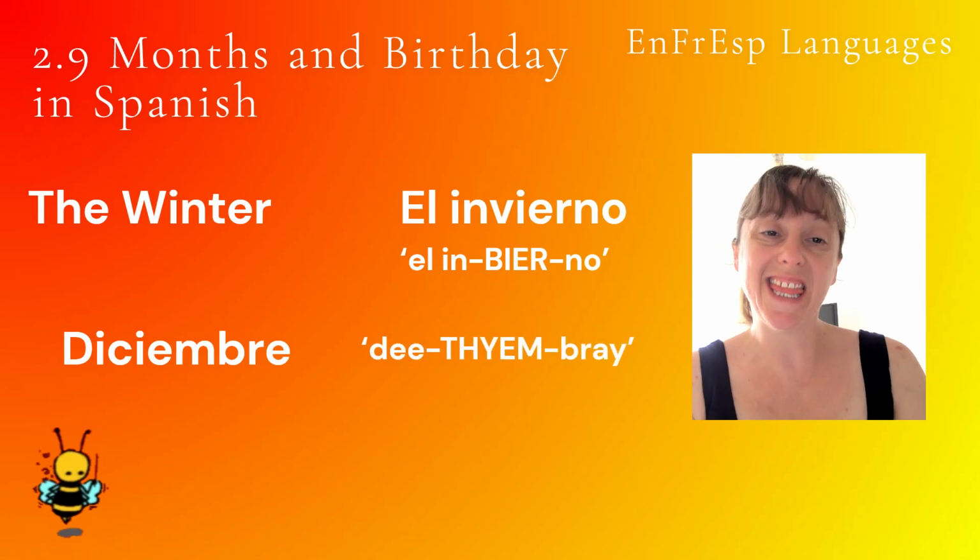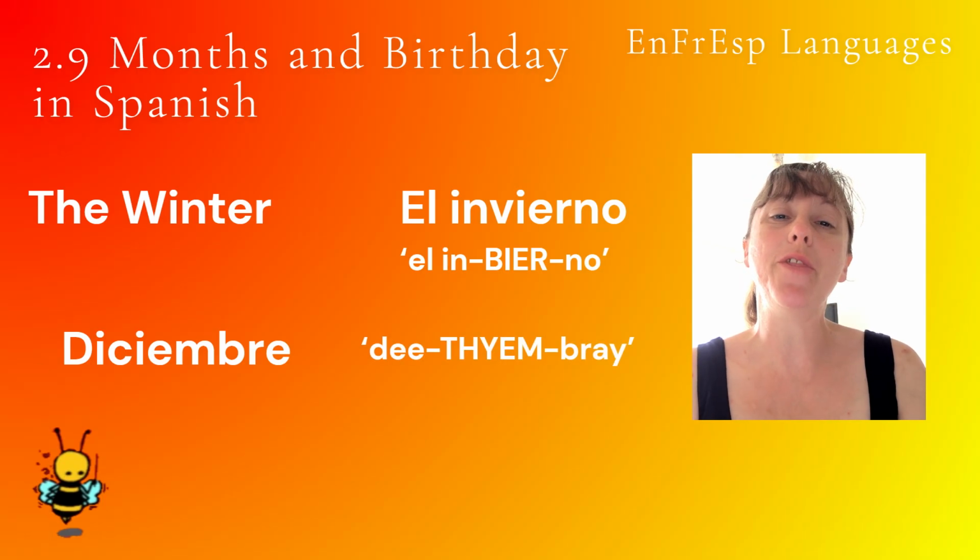Pronounced diciembre. That's December. Both I's are making an E sound, and the C is making a th sound in European Spanish and an s sound in Latin American Spanish. Repeat after me. Diciembre.